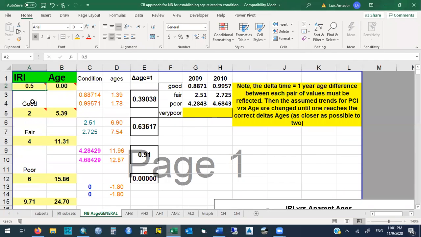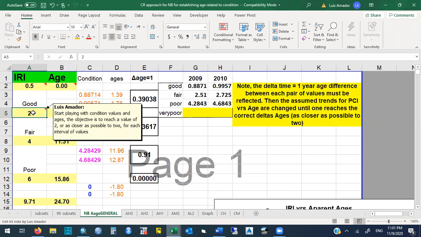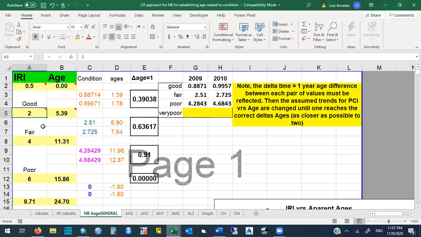That means that the apparent age that I have for that is 0, so it is brand new. For the good, the end is at 2. This is an arbitrary value, but it is the one I use to segregate and create this average that I observe here. So I have to respect it.